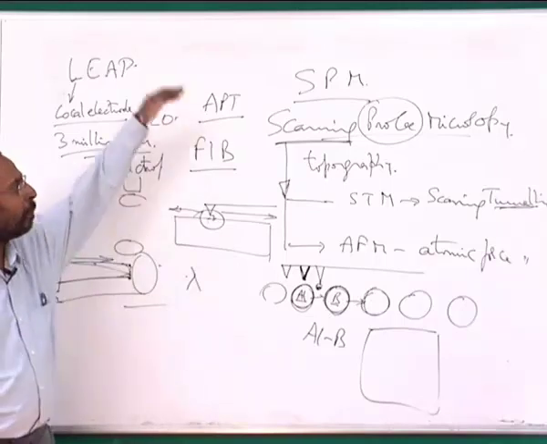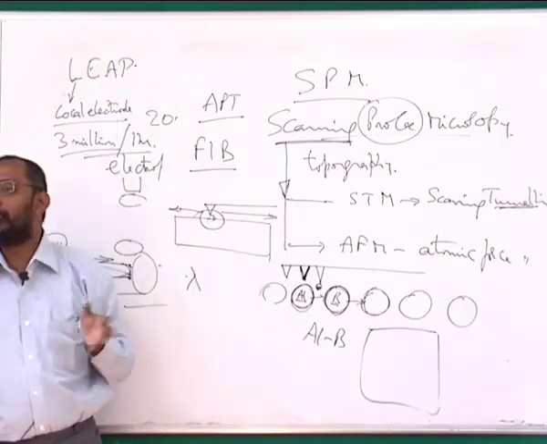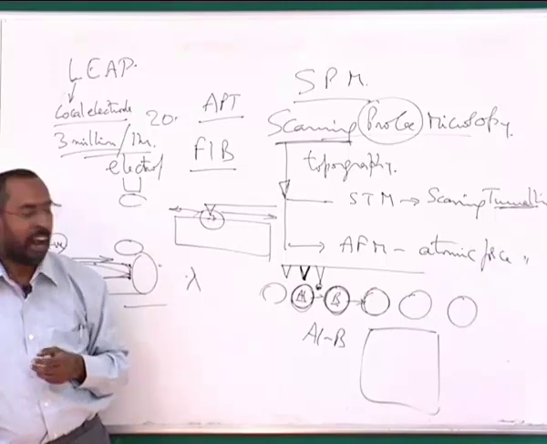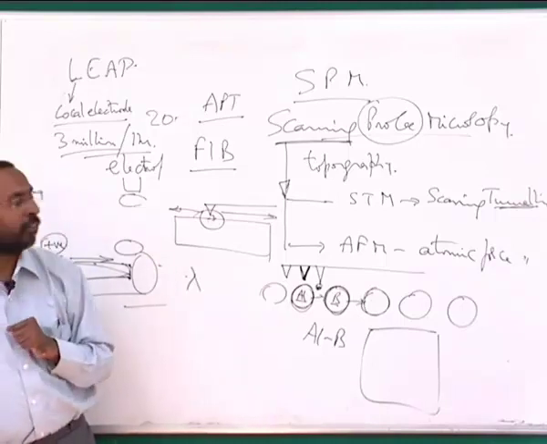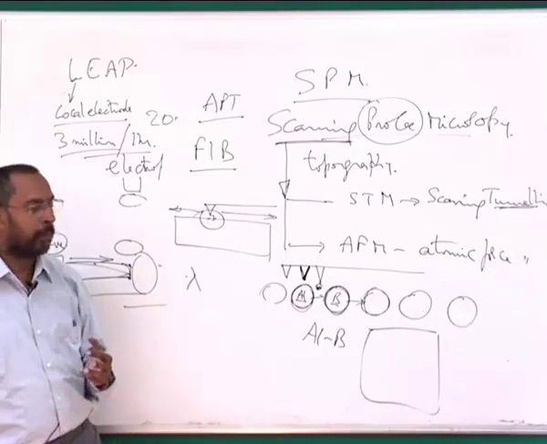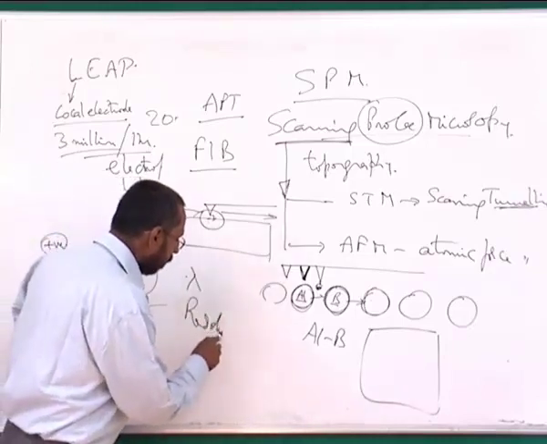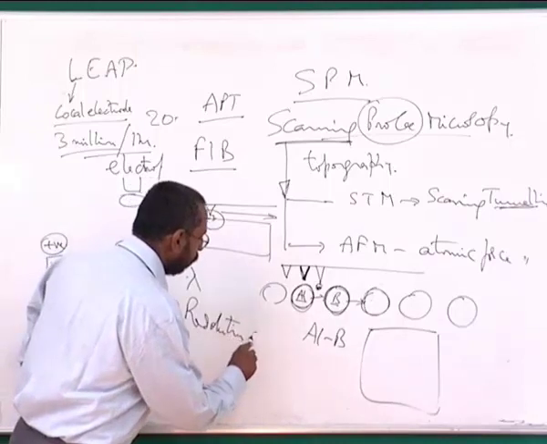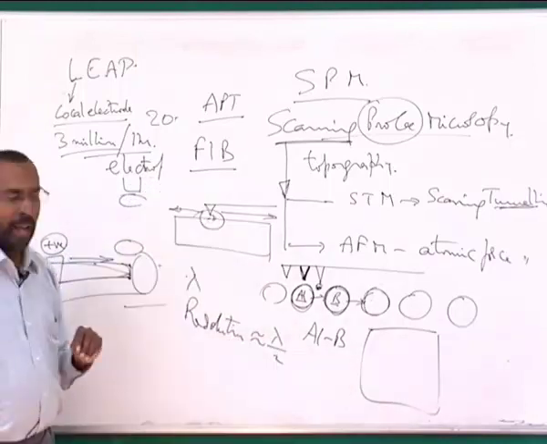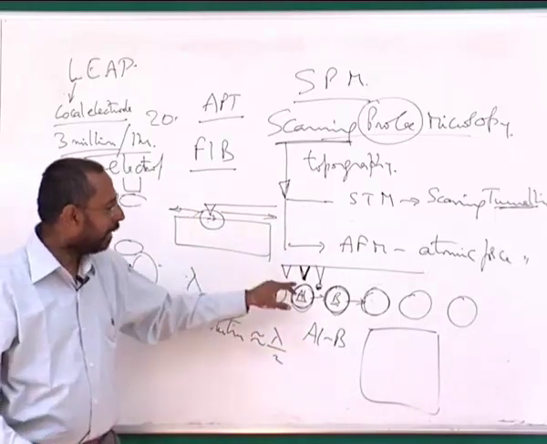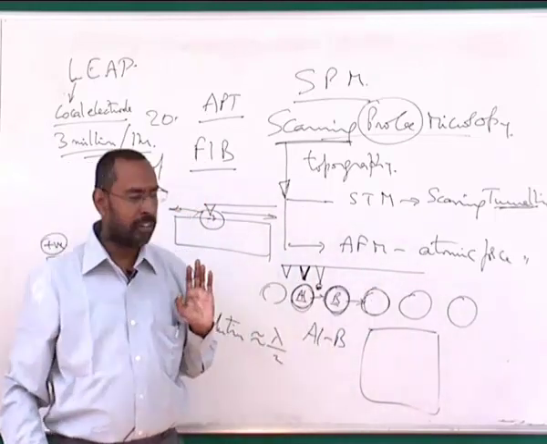If you look at all the microscopes that we talked about, the optical microscope, our own eye as a microscope, if you want to call it that, and then the scanning electron microscope and transmission electron microscope, in all these we define the resolution in terms of lambda, and we said usually the resolution is lambda by 2.